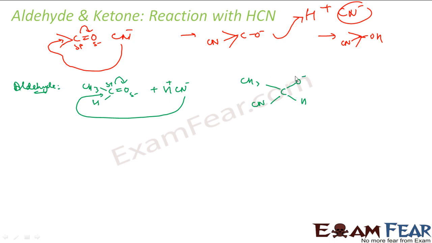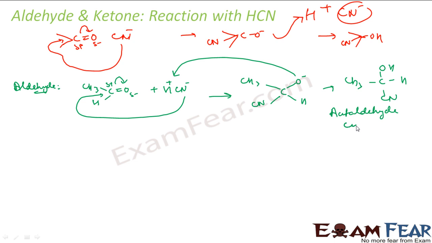And this O minus will again attack this H. So what you get is CH3CH(CN)OH. This is called acetaldehyde cyanohydrin. This is what you'll get. This is my acetaldehyde actually.